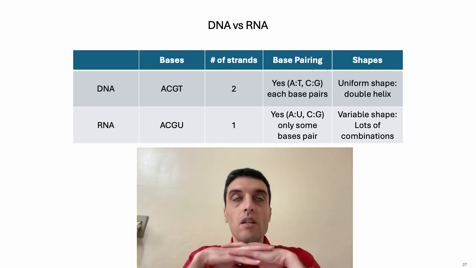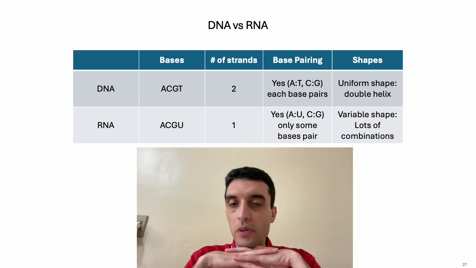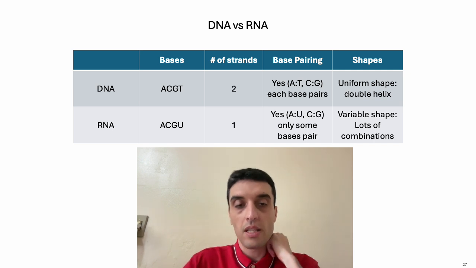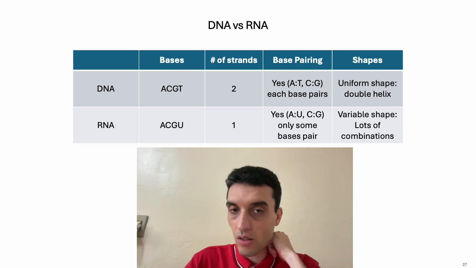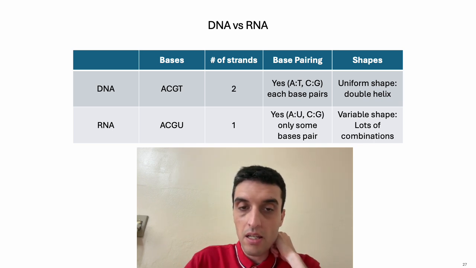And lastly, let's summarize the difference between DNA and RNA. While DNA is deoxy, it's missing an oxygen in the ribose, RNA is not. DNA has the bases A, C, T, G, while RNA, instead of a T, has a U, a uracil.